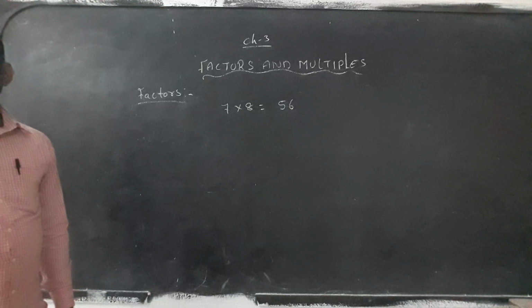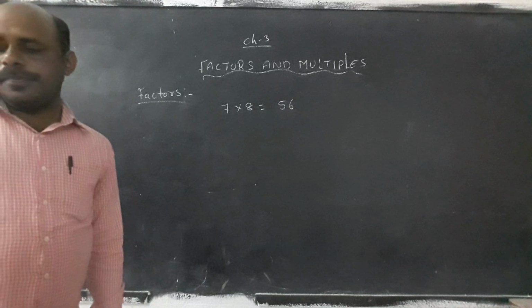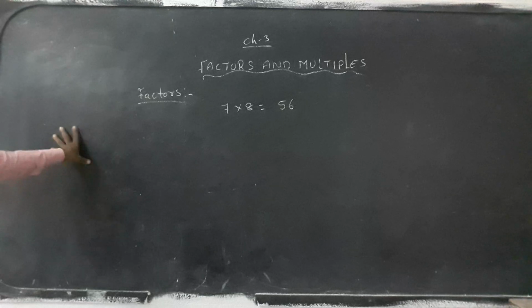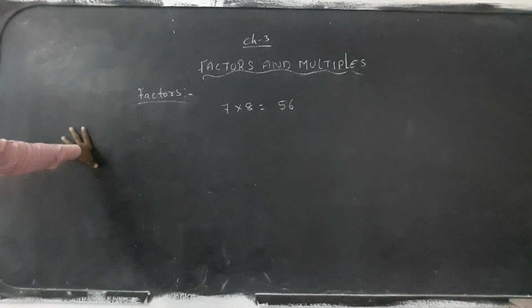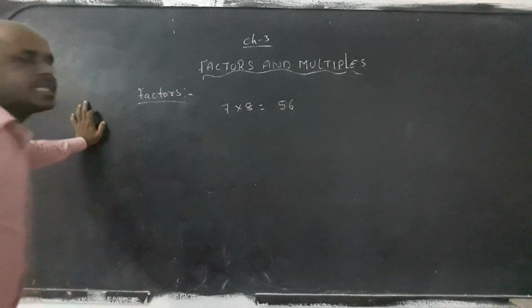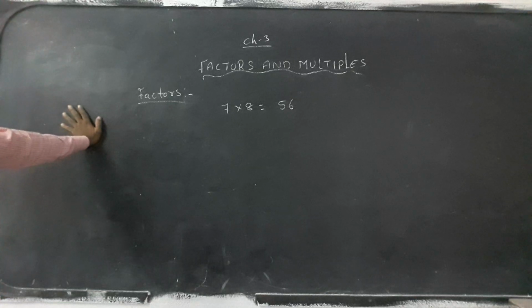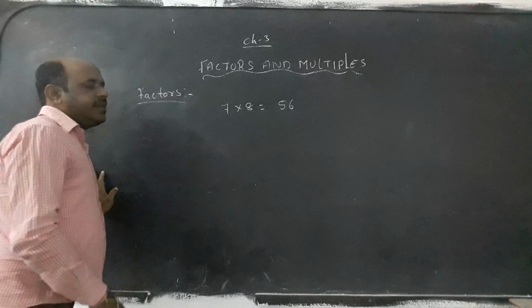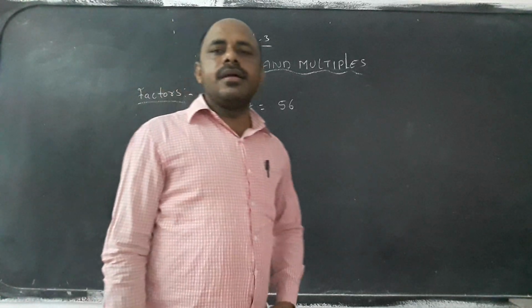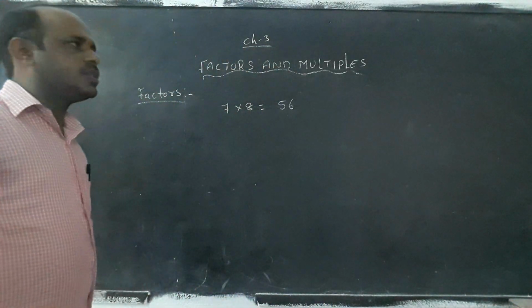Then 7 and 8 are factors of 56. How? Factors means when we divide the number, the remainder should compulsorily be 0.